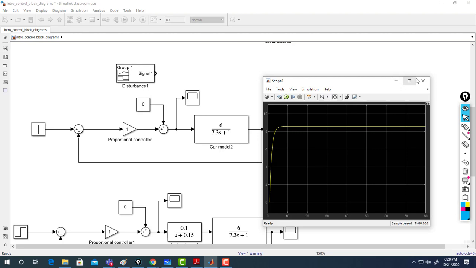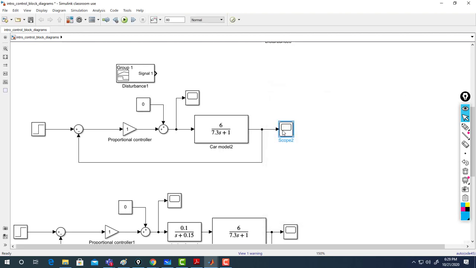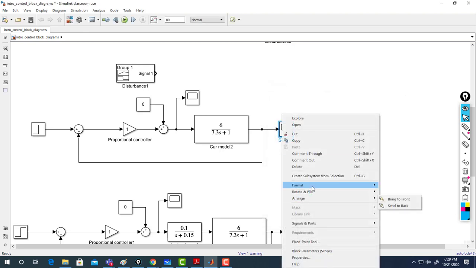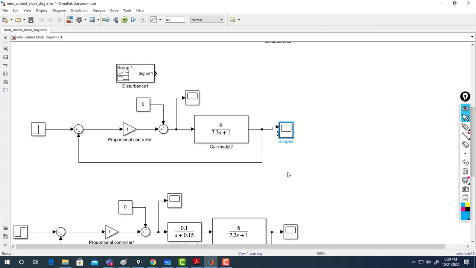So this is my output. If you want to see it more clear, maybe I can have 2 inputs and link my reference signal. Good.